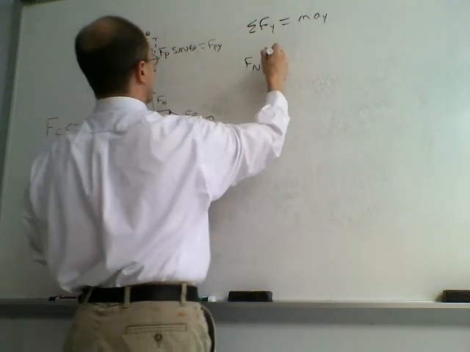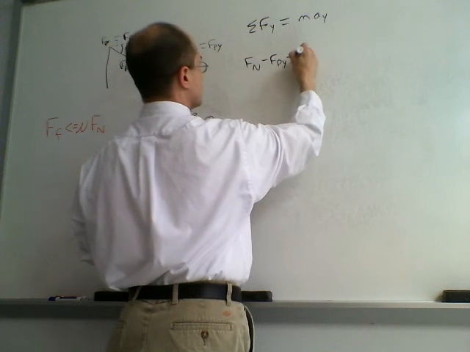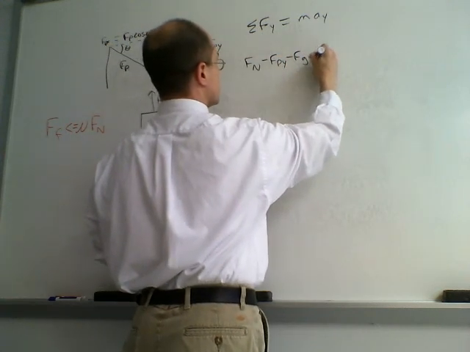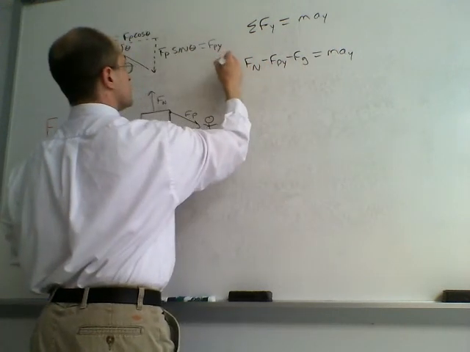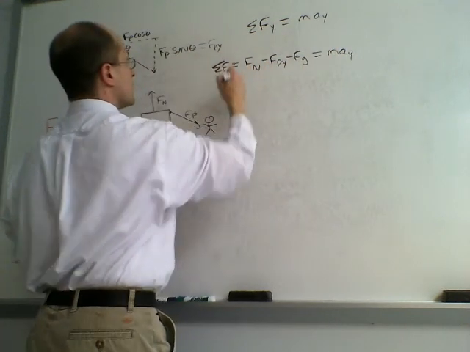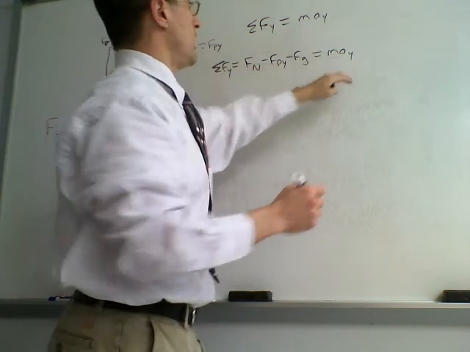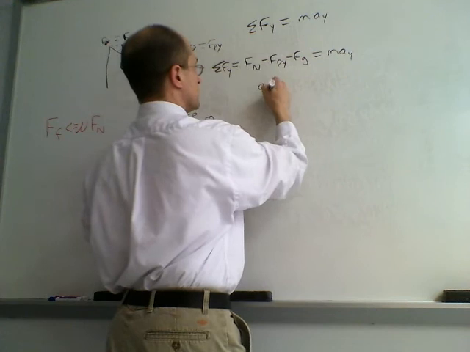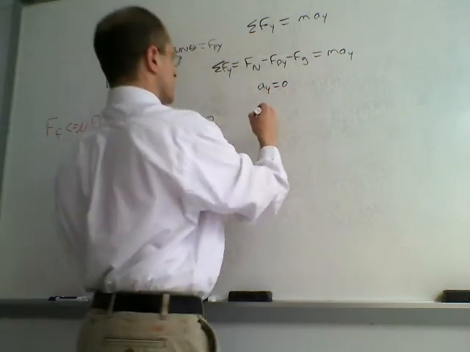We now subtract the force of the pull in the y, and we subtract the gravitational force. And that gives us MAY. So these three forces are the sum of our forces, and we're equal to MAY. The box is in equilibrium in the y, so AY is 0.